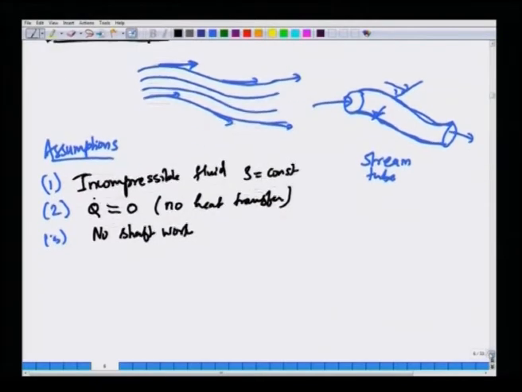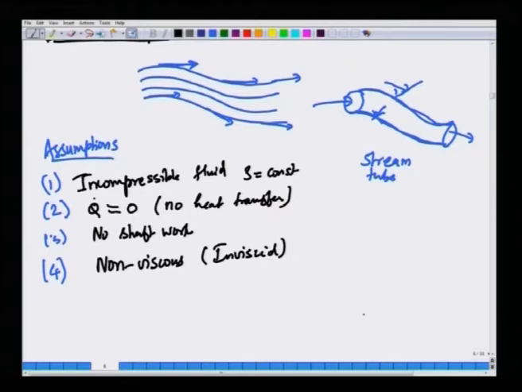Once we do this, we further assume a most important assumption, that the fluid is non-viscous or inviscid. We are considering a hypothetical fluid with 0 viscosity. Once you do this, we can simplify the energy balance to the Bernoulli equation.